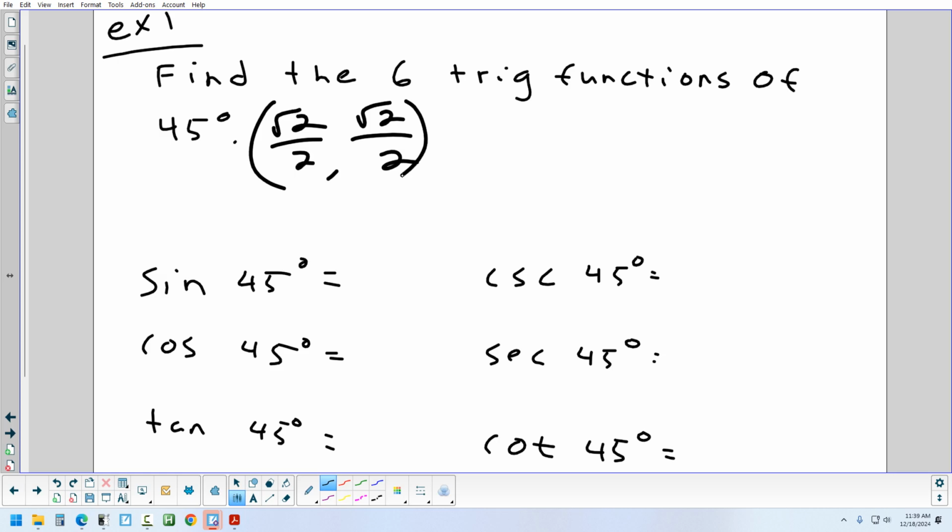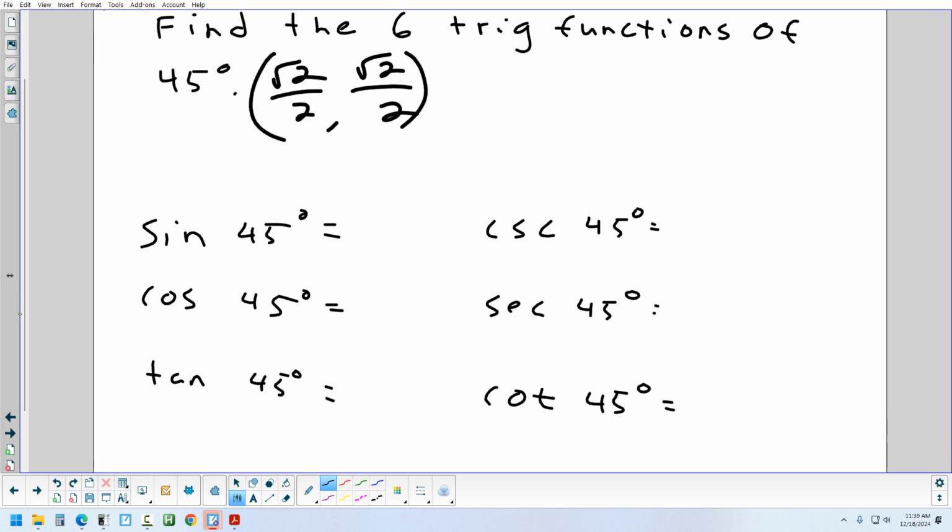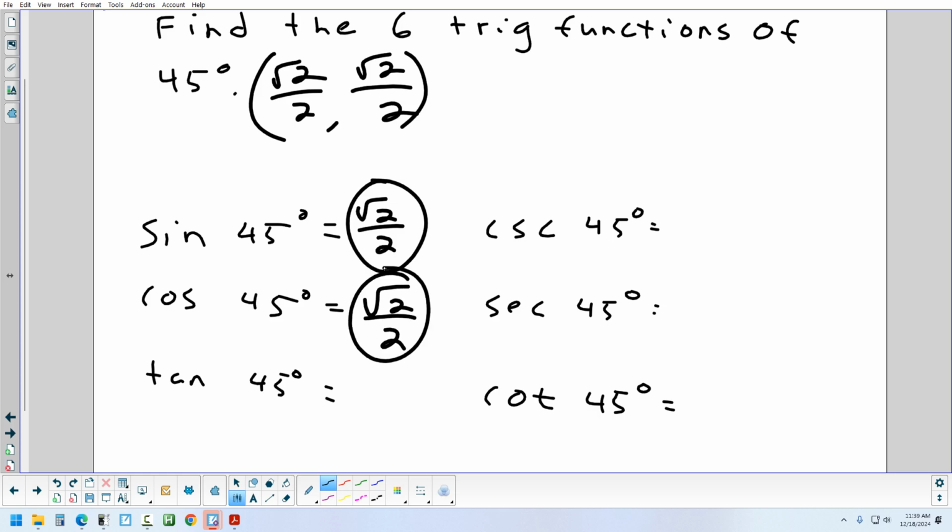Okay. What's the sine of 45 degrees? Square root of 2 over 2. And which one did you pick, just so I know, because they're both the same? The x. You got lucky, because it's the y. So the y is the sine. How about what's the cosine? The x, which is root 2 over 2. And what about the tangent?